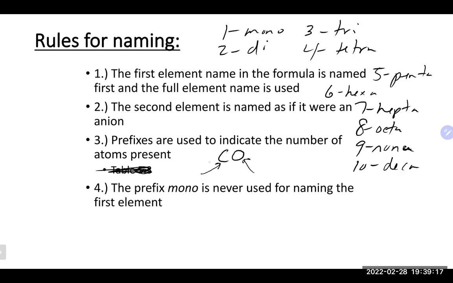Now, we don't use mono on the first name, so we would just use the whole name here, which would be carbon. Another consideration when we use prefixes is sometimes we end up with two vowels that back up to each other. If we just strictly wrote it with the prefix mono and then oxide, we end up with two O's that back up to each other. In that situation, we typically drop the O from the prefix, and this is what is commonly known as carbon monoxide, not monooxide.